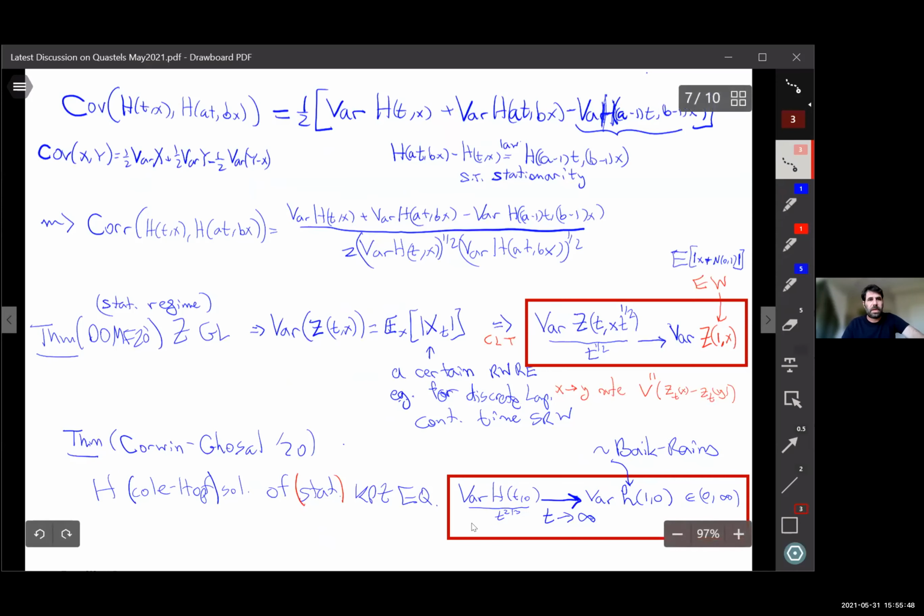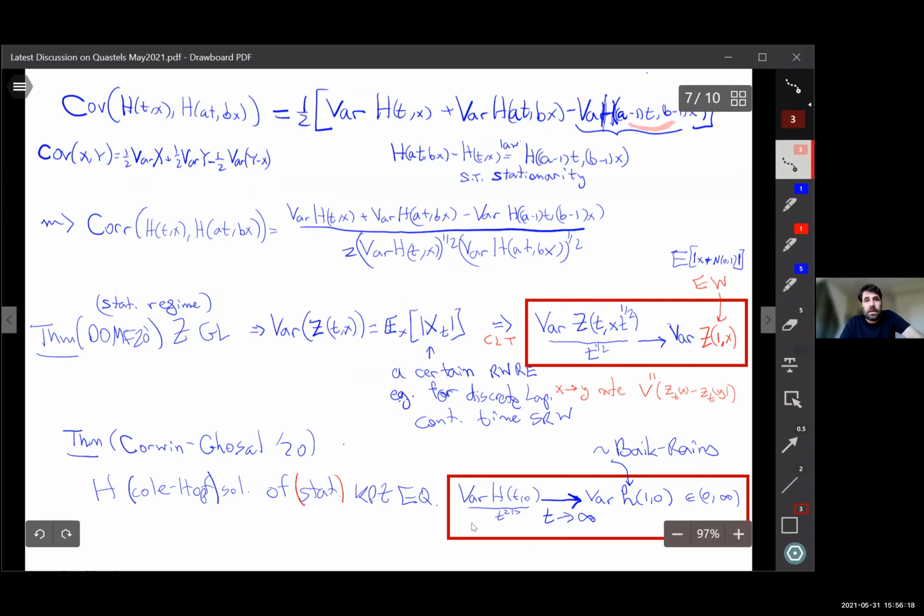So let me try to explain that. If you want to compute the covariance of your process at time t and position x, and future time at and position dx, then you can write it down as 1/2 the variance of the first plus the variance of the second minus the variance of the process evaluated on the increments.